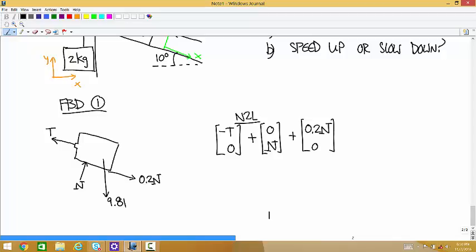And now we have to think about that weight force. In this coordinate system, this angle is 10 degrees, the one in red. So what's the counterclockwise angle to get from the positive x-axis to the vector? 280 or negative 80?